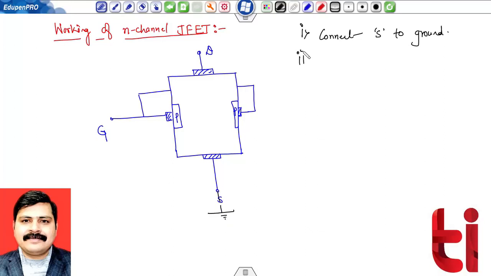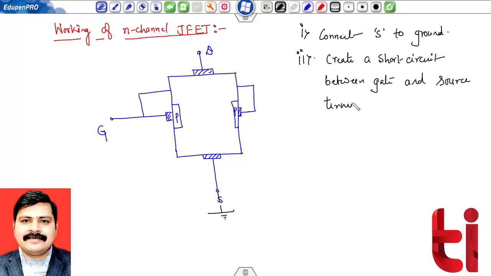Then next step is create a short circuit between gate and source terminal. That means there is no separate input, or effectively gate is also connected to ground. That means over here the value of VGS equals 0 volt. That means the voltage between gate and source is 0.